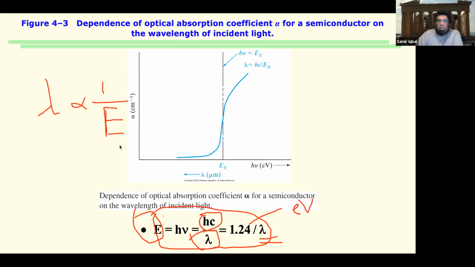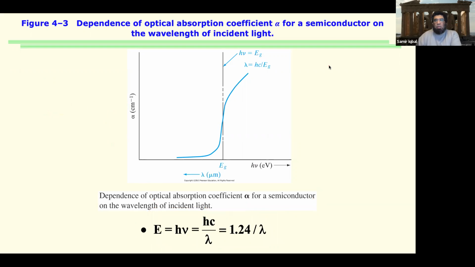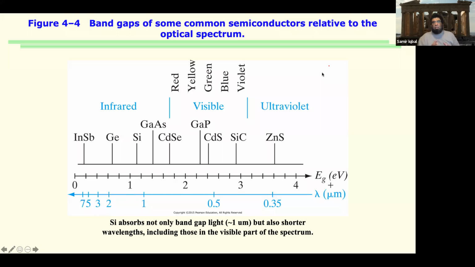What that leads us to is knowing exactly, if I have to design a device for a specific wavelength, what material do I use? These are real materials. We know their band gaps. Knowing their band gaps tells the designer, tells you and me, what wavelengths are the target of our optical device, and what material we use.